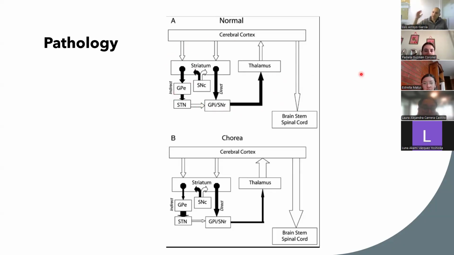I actually found three different diagrams, so you will see the same diagram in different ways, just so that you have this picture in your head after this class. So this is the normal brain, and this is a patient with chorea. Who can spot the difference?